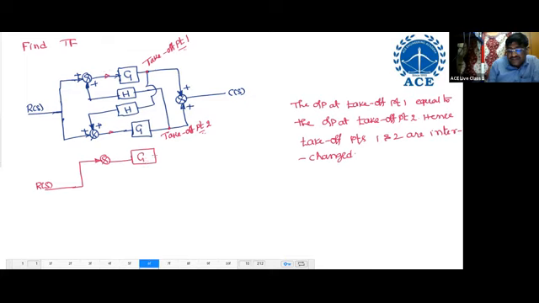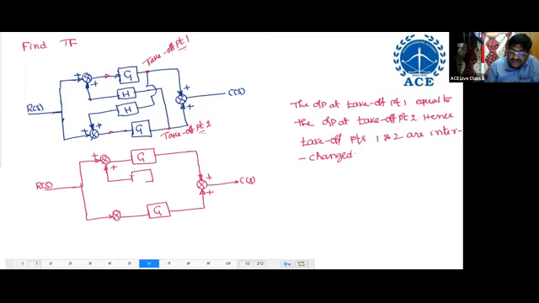This will be G, here summing point, here summing point. This will be G, plus, C of S, plus, H, plus, H.